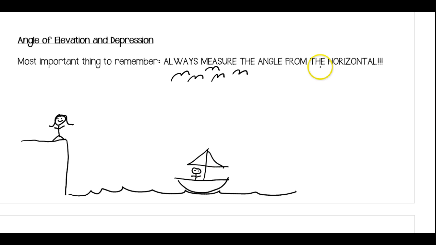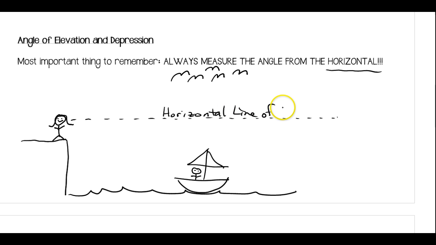So when I talk about the horizontal, I'm talking about the horizontal line of sight. So if you look straight out, parallel to the horizon, this is the horizontal line of sight. Okay, so now if I look up, so my eyes are at the horizontal, and then I'm going to look up to my birds, this angle here from the horizontal up is called my angle of elevation.